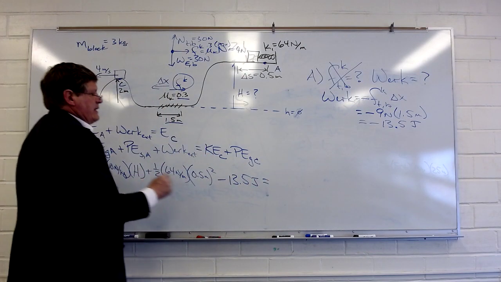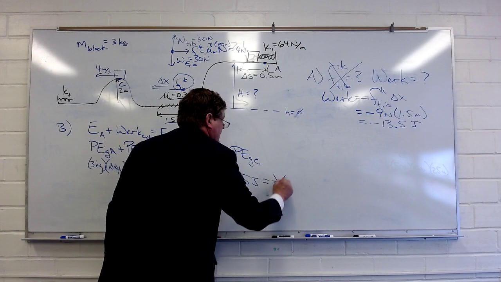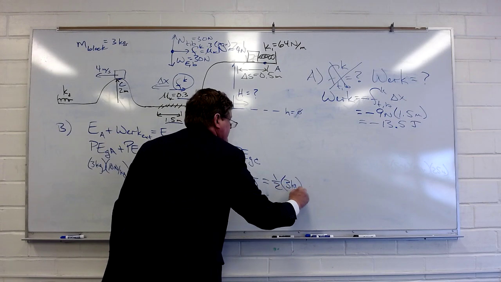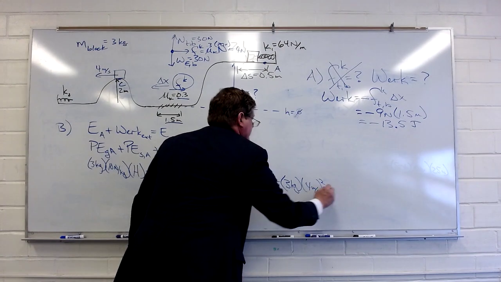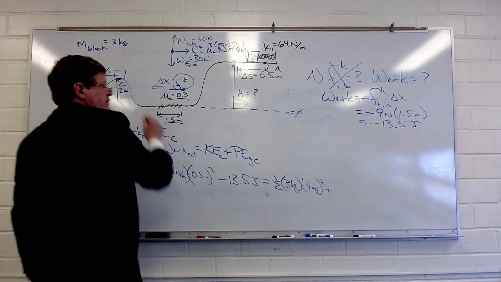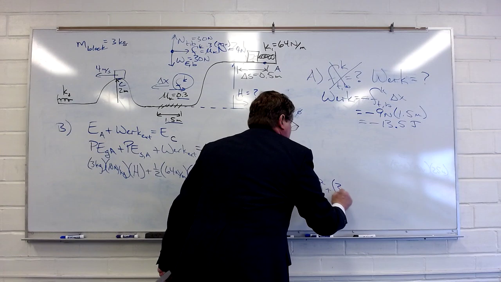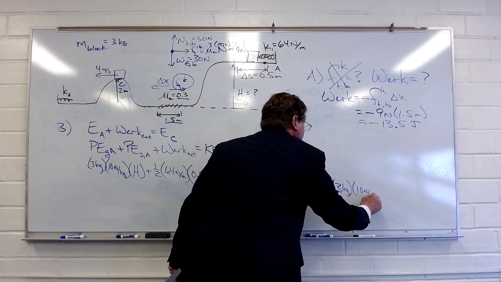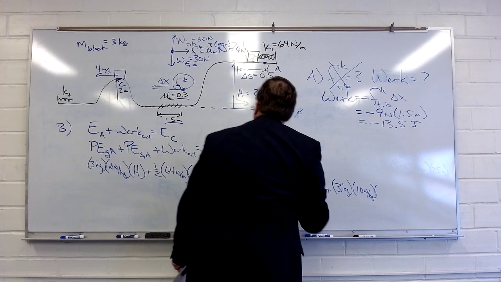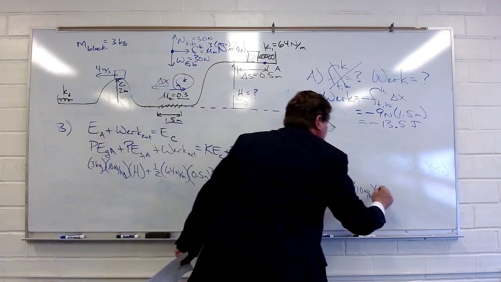And then when I get to C, I've got kinetic energy, 1/2 times the mass times the speed squared. And then I've got this gravitational energy, which is m, 3 kilograms, times g, 10 newtons for each kilogram, times the height there, which is given as 2 meters.